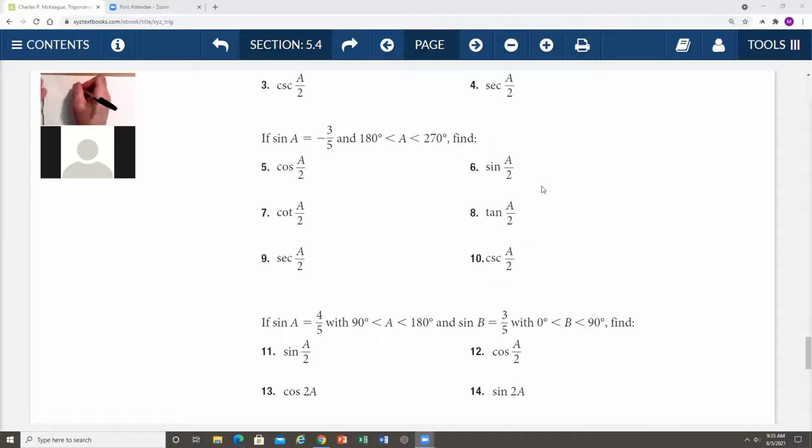Well, if angle A is greater than 180 degrees and less than 270 degrees, that places angle A in quadrant 3. So therefore, angle A over 2 would have to be greater than 90 degrees.